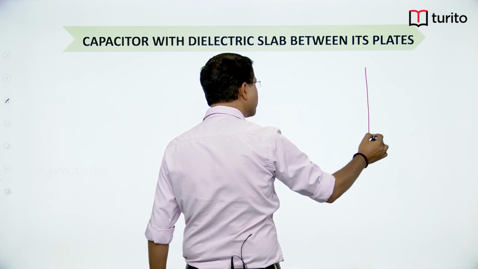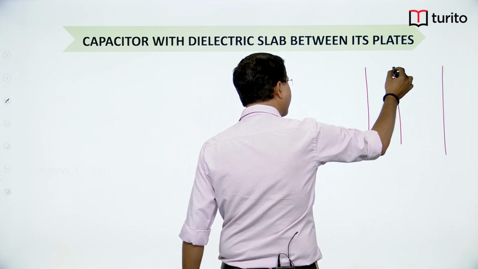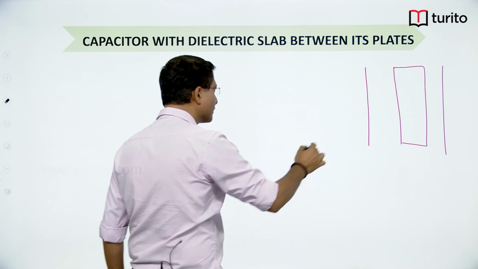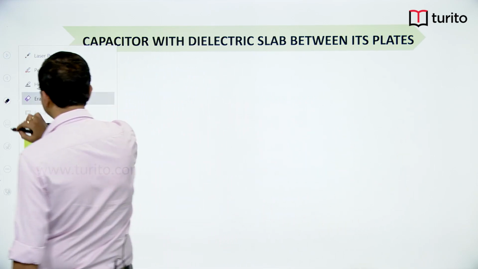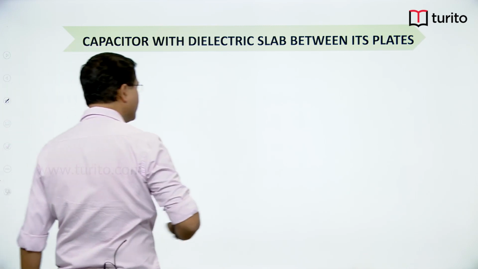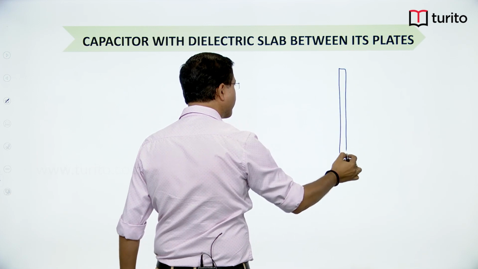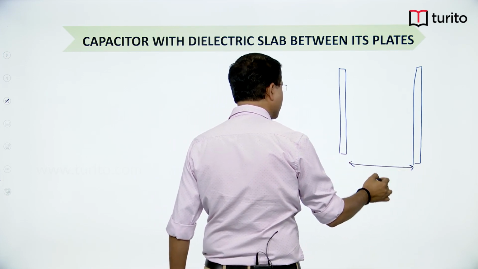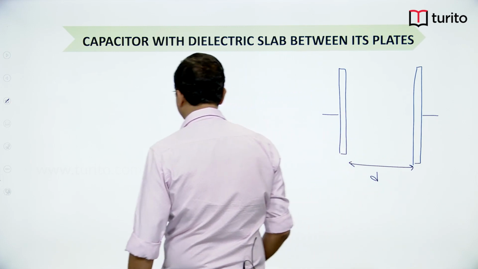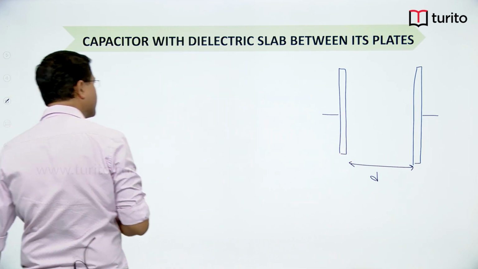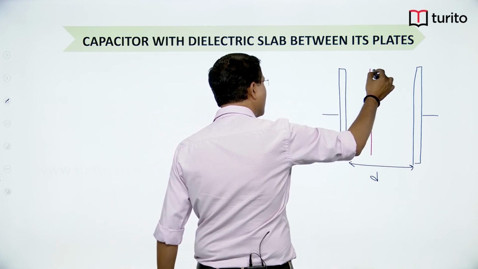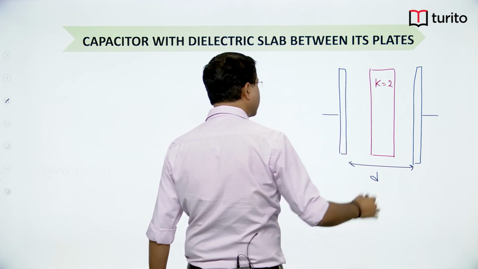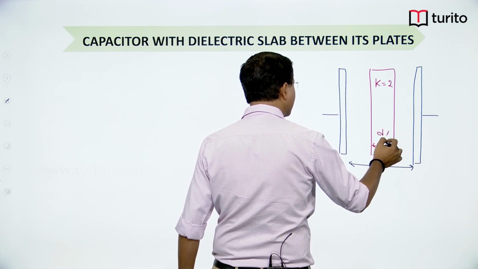So for this situation, if I ask, the gap between the plates is D, and we place a dielectric of dielectric constant K equal to 2 and the thickness is D by 2.